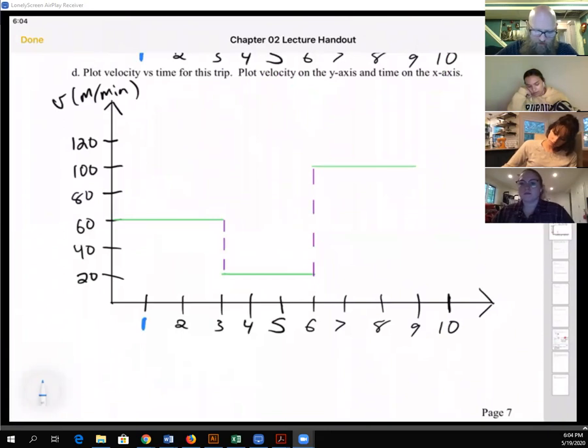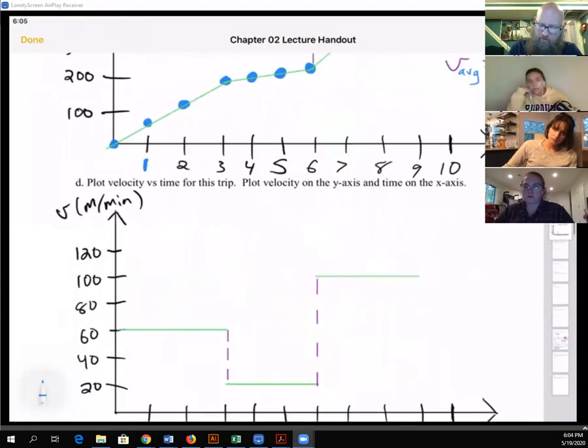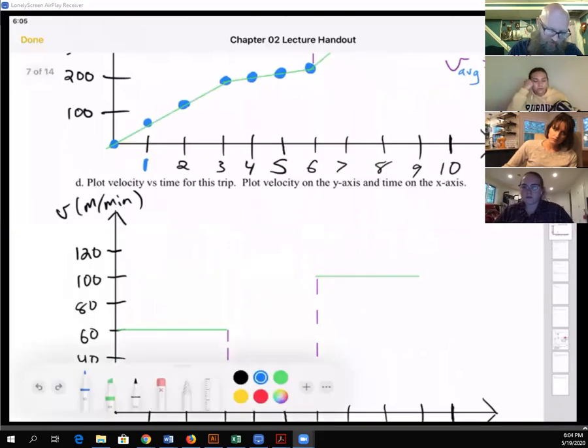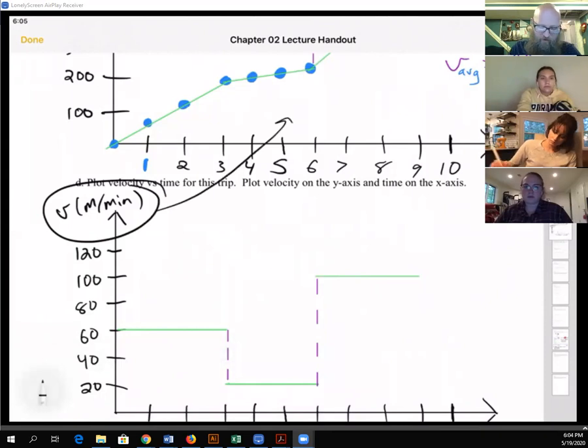Let me mention, because I think I didn't mention it in the video, that going from position to velocity, I did mention it in the next video, we took the slope. But if I want to go backwards, if I want to go from velocity to position, I can use an area.